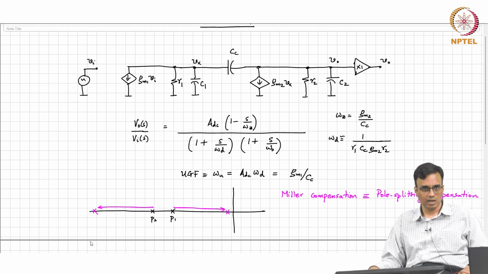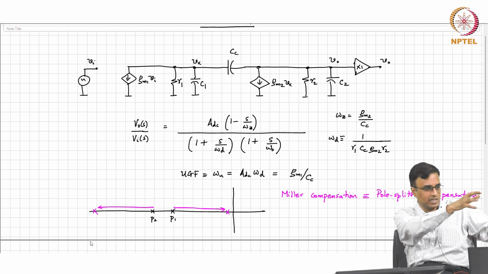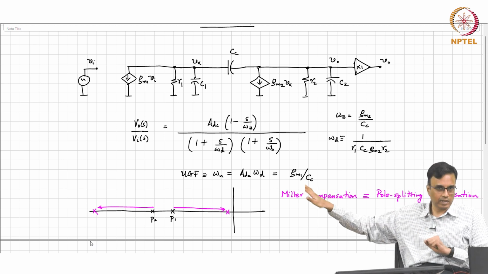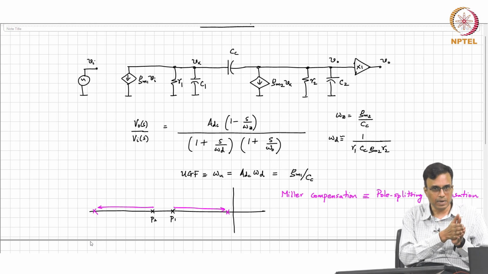And so, when Cc is 0, in other words you have two linear systems which are not coupled to each other, they are not interacting with each other, because the output of the first system is taken to the second system, the second system does not care what is happening to the first one, it just takes whatever comes to it and then amplifies. So, it has two poles P1 and P2.